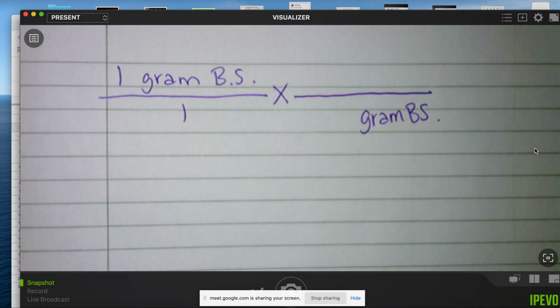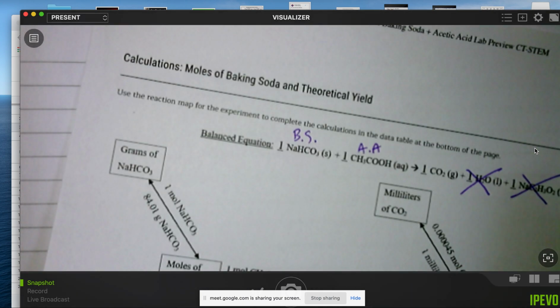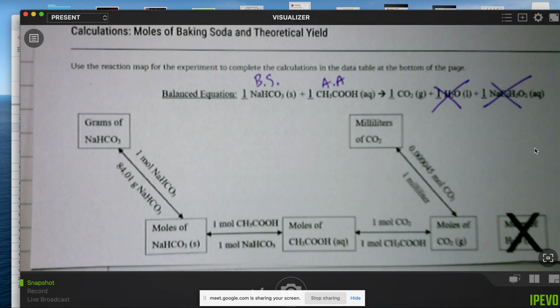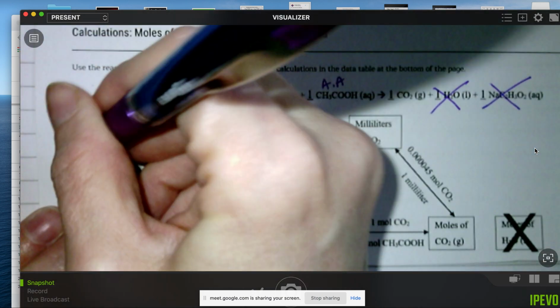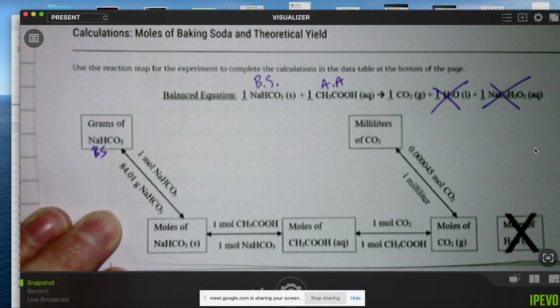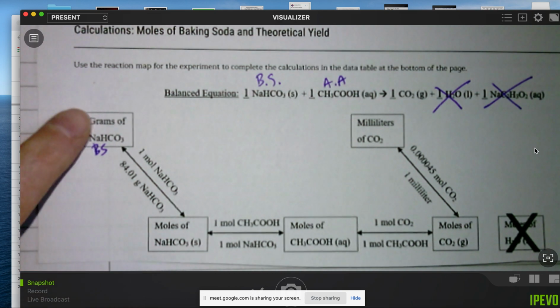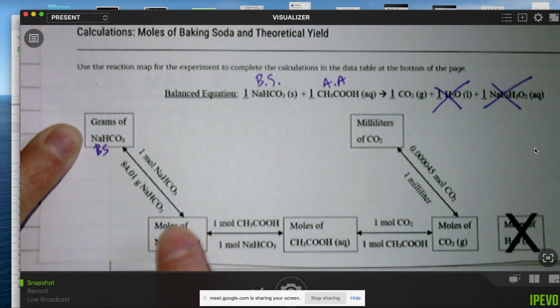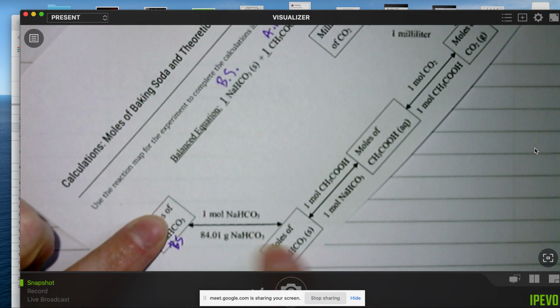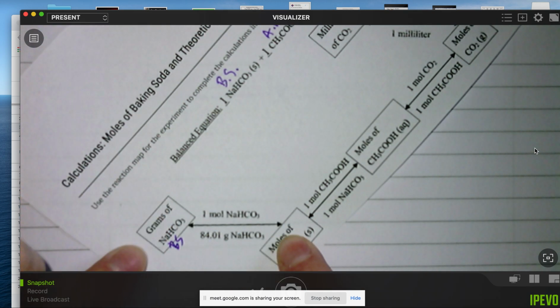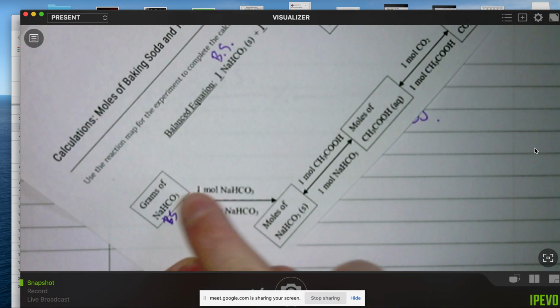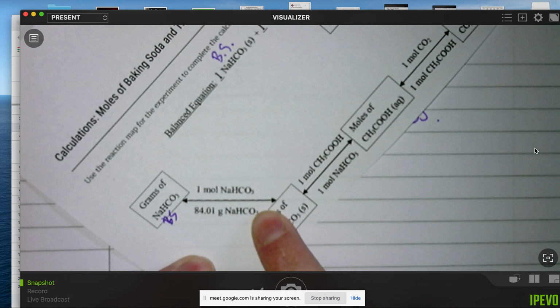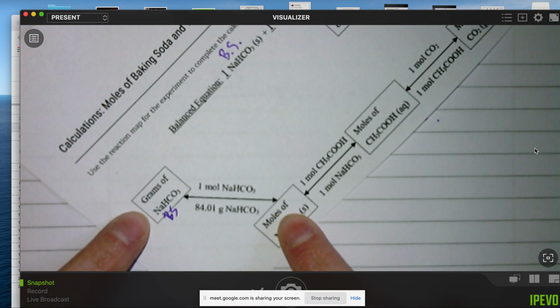Now I'm going to look at my map, and I want to look for grams of baking soda. That's just right here. So from grams of baking soda to moles of baking soda, do we see how there's only 1 arrow in between those two? That tells me I only need 1 fraction to convert between grams and moles.